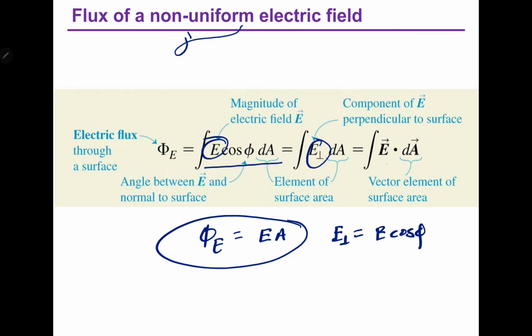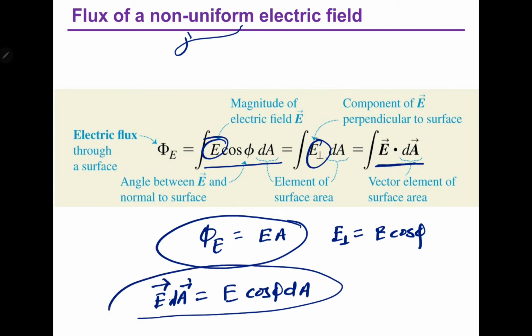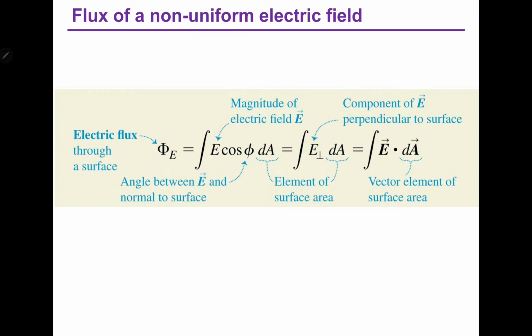And it can be expressed in terms of E dot dA, because E dot dA, with dA the small surface element, is equal to E cos of phi dA. This is simply the scalar product. Okay, so this is the way you can calculate electric flux.